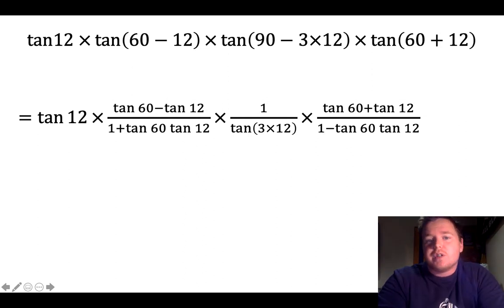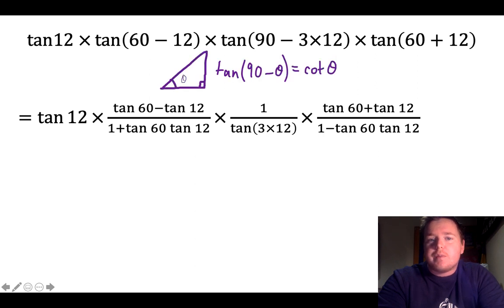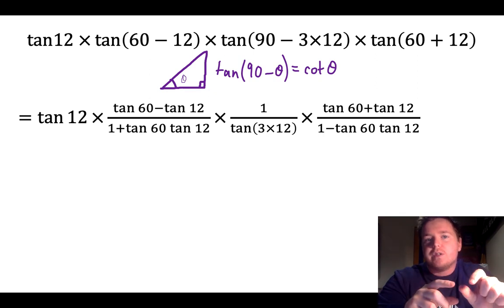So for this term where it says 1 over tan 3 times 12, I've used this concept: if we have a triangle and we take the tan of theta, then it's going to be the cotan of 90 minus theta, depending on what angle you use. If you use the bottom angle and you work out the cotan of it, that would be the same as working out the tan of the top angle, as they're reciprocals of one another, cotan and tan.